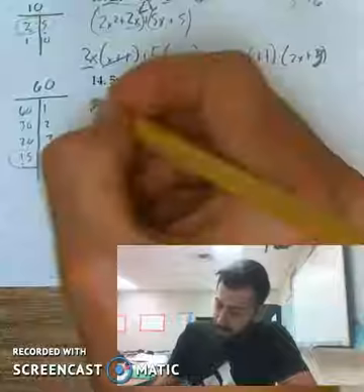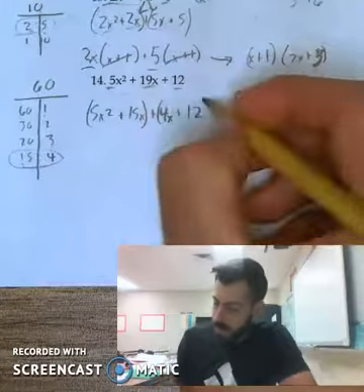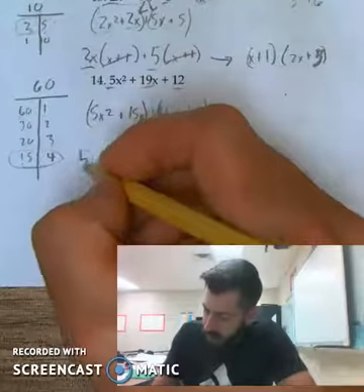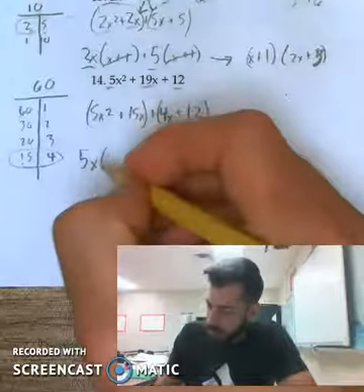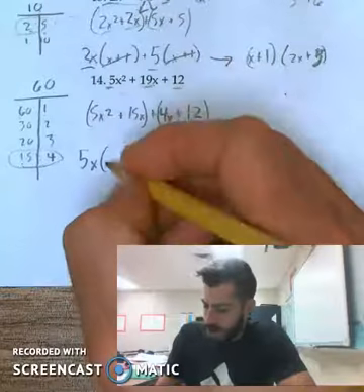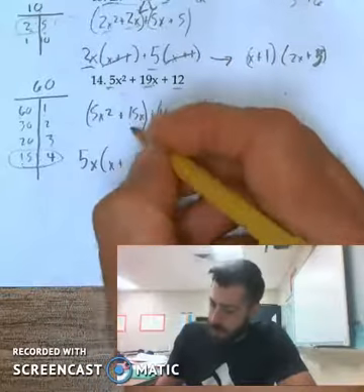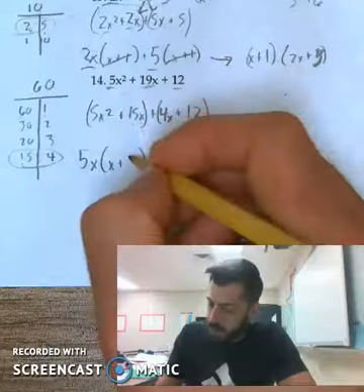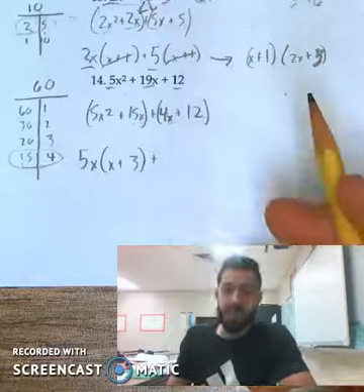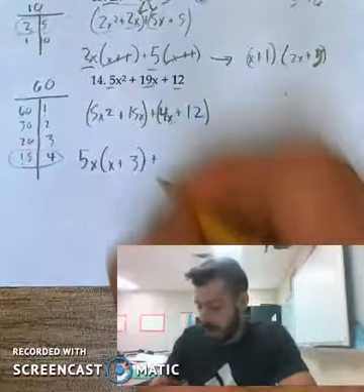So, two groups, just like previous. Factor out the greatest common factor. 5x. 5x squared divided by 5x would just be x. 15x divided by 5x would just be 3. Now our second one, 4x and 12, greatest common factor they have in common, well, 4.